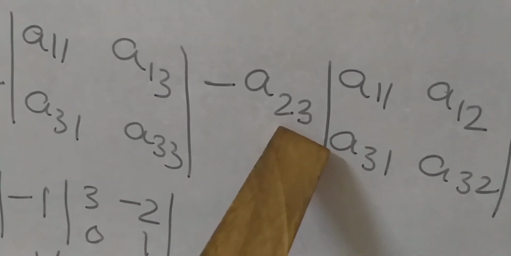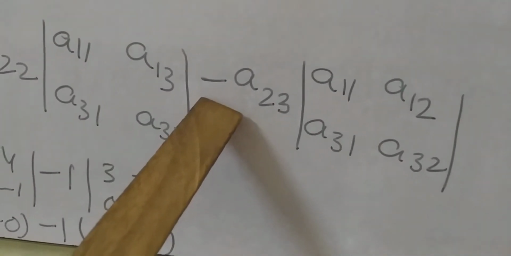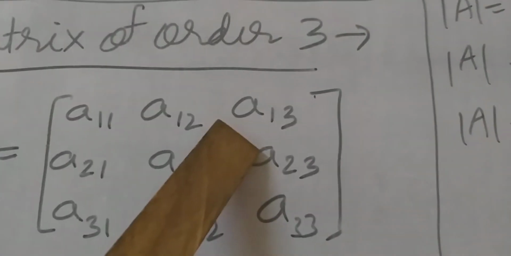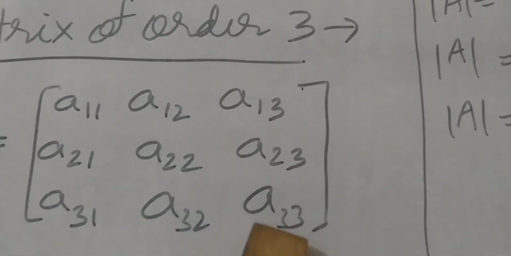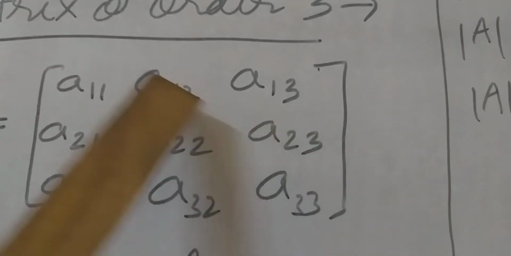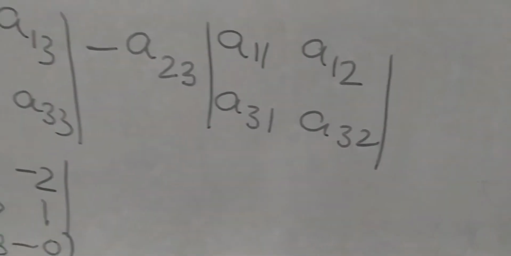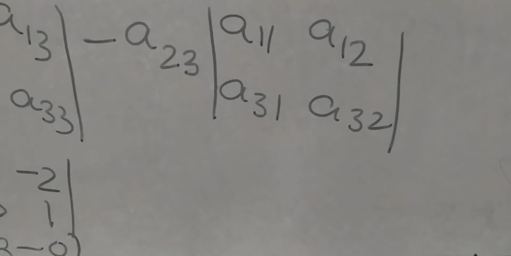Add both of them: 2 plus 3, 5. Odd number. We have to put a minus sign, student. Now we have to delete the row and column in which it lies. So it lies in the third column. So the third column deleted. It lies in the second row, deleted. Left elements A11, A12, A31, A32. Correct?